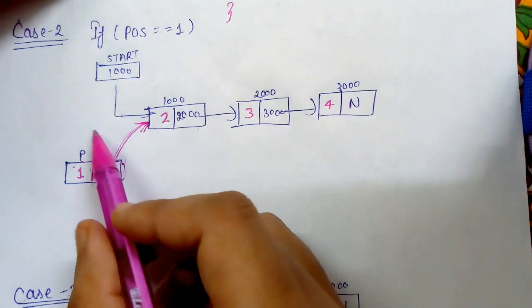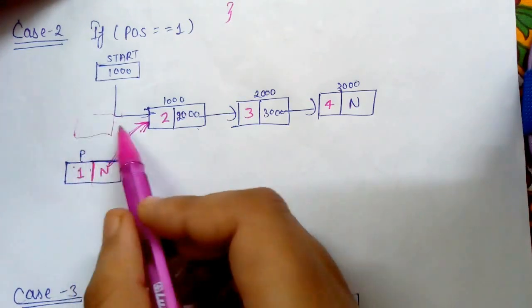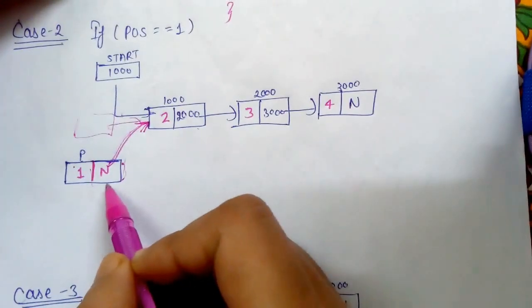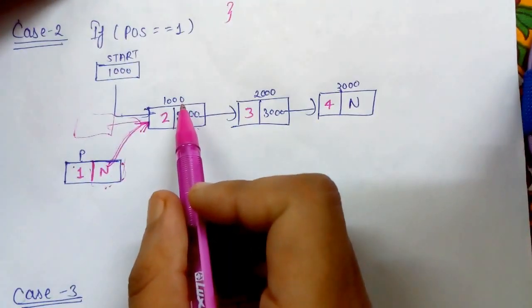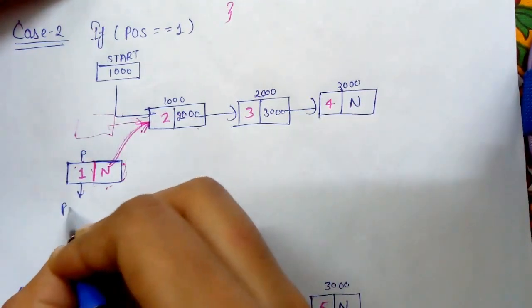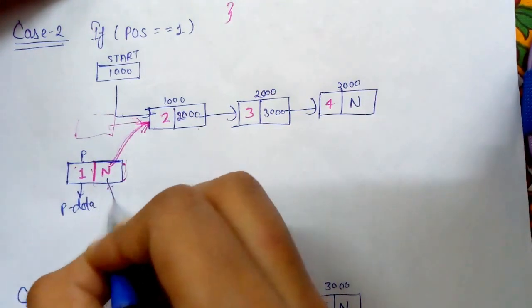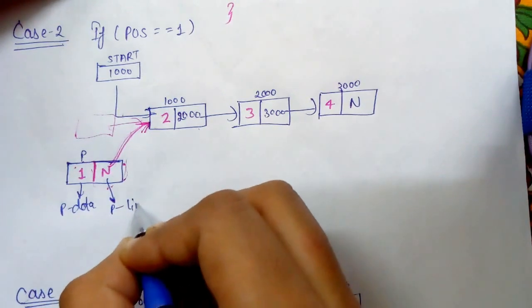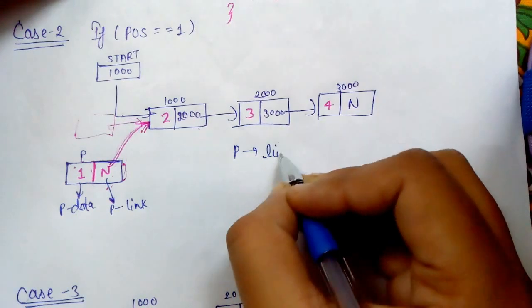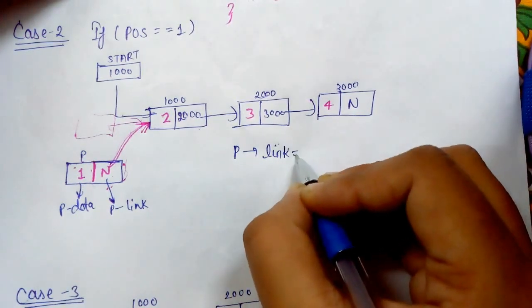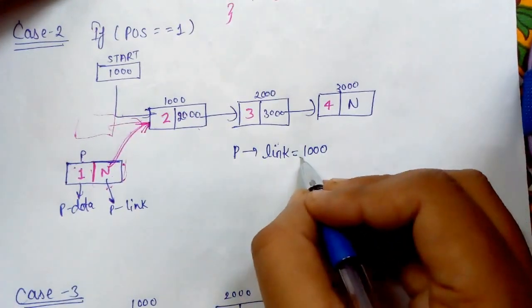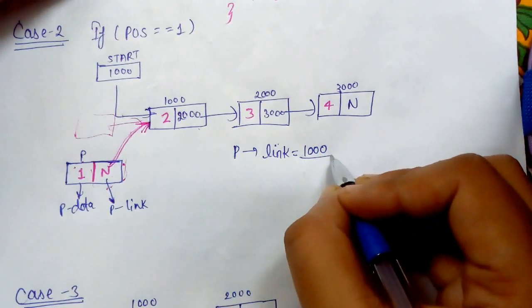So if I place this node at the start, this will be the second node, so it should point at 1000. If this is the P data part and this is the P link part, what should be present in the P link part? 1000 should be present. And where can we find this 1000?